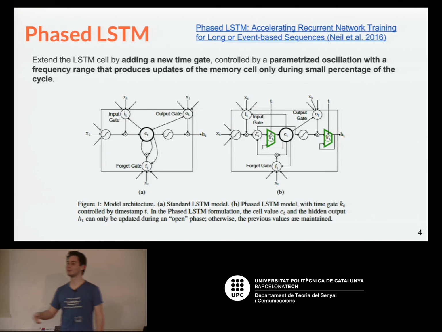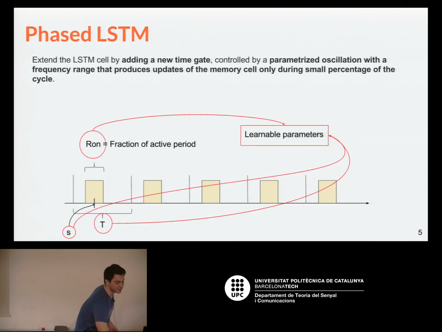And we do so by placing an additional gate in two parts of the cell. So this was the classic cell. Now we're placing this timing gate that says whether the cell is activated or not by means of a periodic signal. And the periodic signal is the following one.